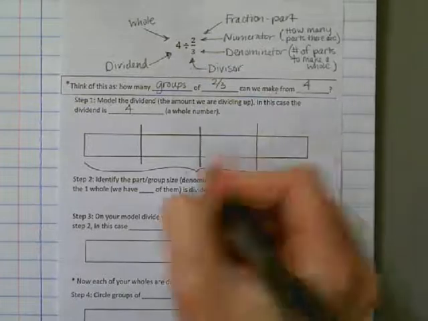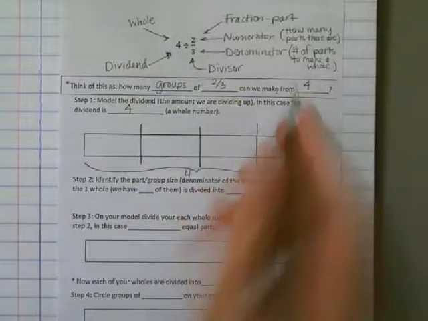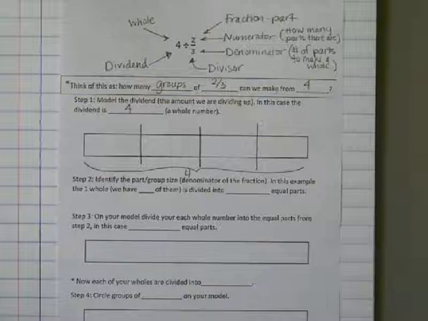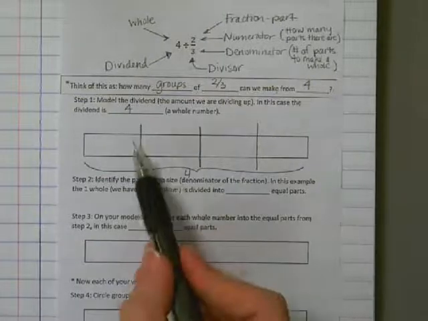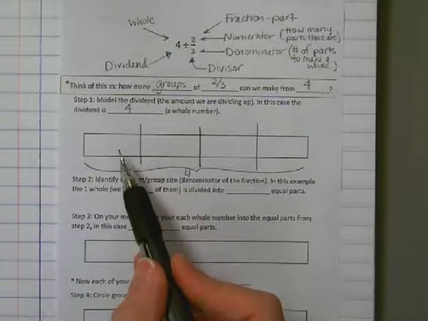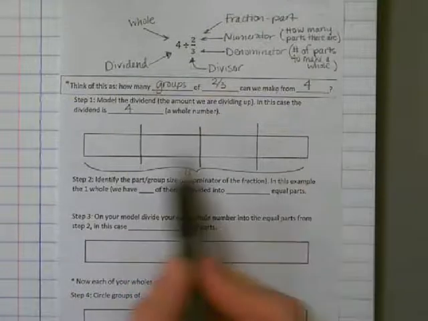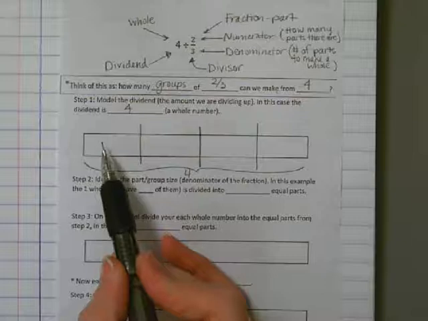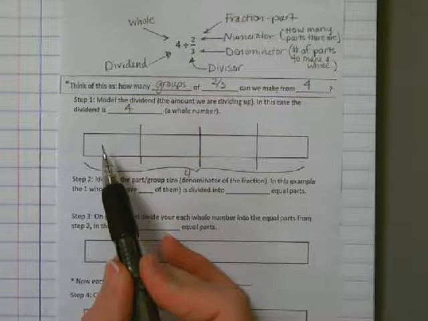So what would each group be if the whole diagram represents 4? What would this box right here represent? Caitlin? 4. Well, the whole thing equals 4. So what would one box equal? 1. 1 whole. Would you agree?